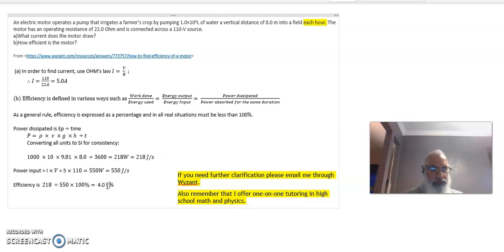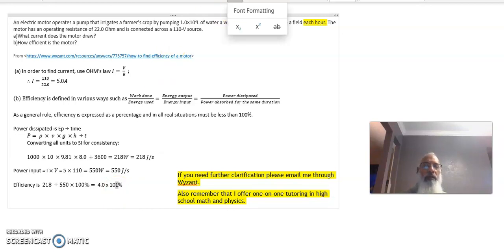It should be expressed as 4.0 times 10 to the power 1, because 40 would be only one significant digit and our answer should have two.